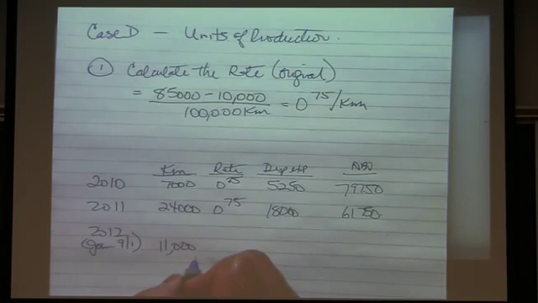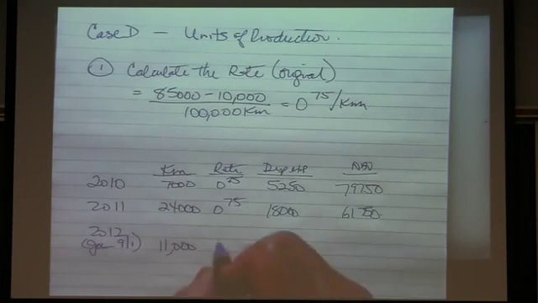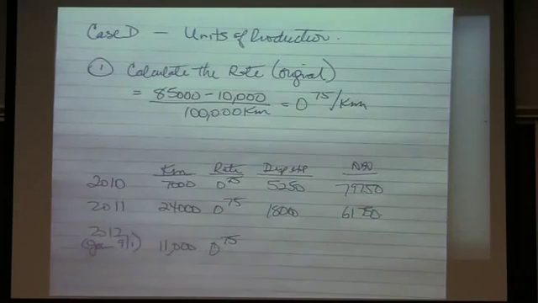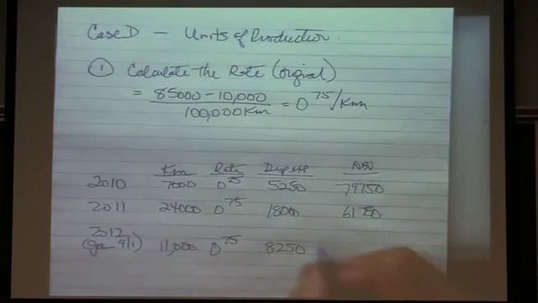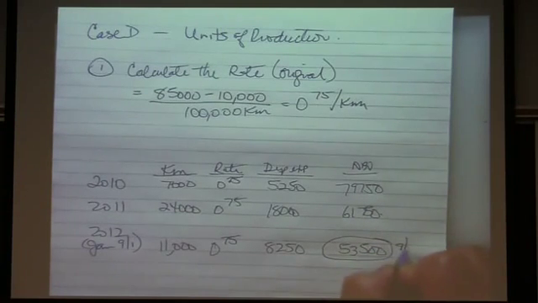We're going to multiply the 11,000 by 75 cents, because that was the date prior to the date of change. That gives us 8,250. Net book value is 53,500. This is the net book value as at 9/1/12.